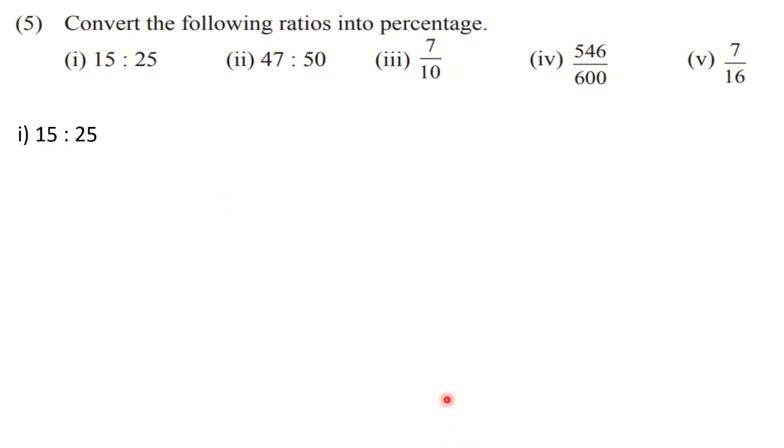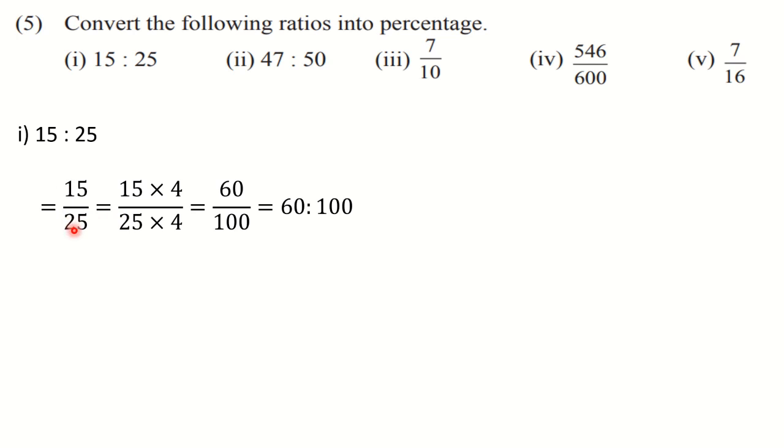First question, 15 is to 25. This we can write as 15 upon 25. And as I have said, second number I need to convert to 100. I know that 25 fours are 100. So I need to multiply both the terms by 4. Because we have seen in the property that if we multiply the ratio by same number to both the terms, it remains unchanged.